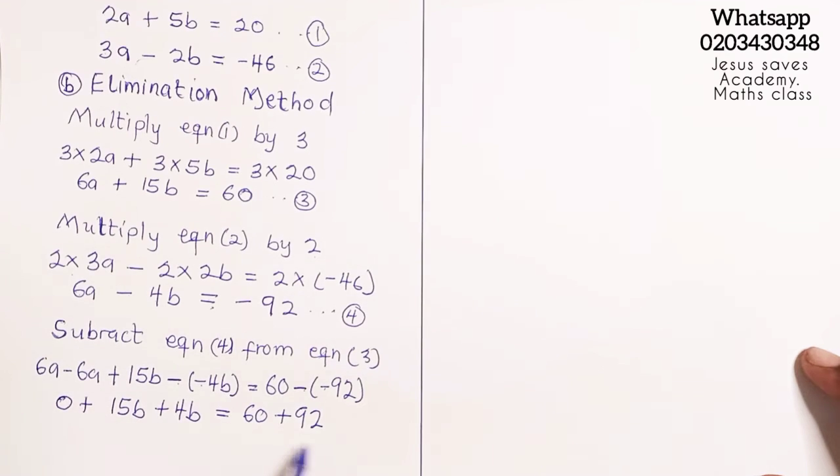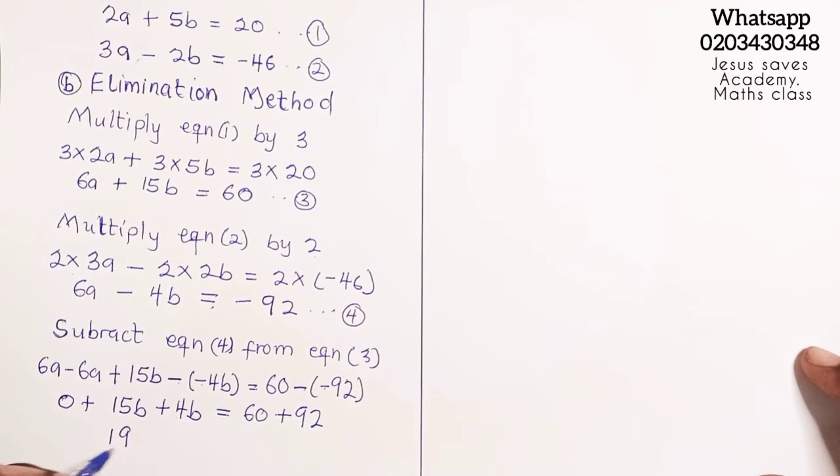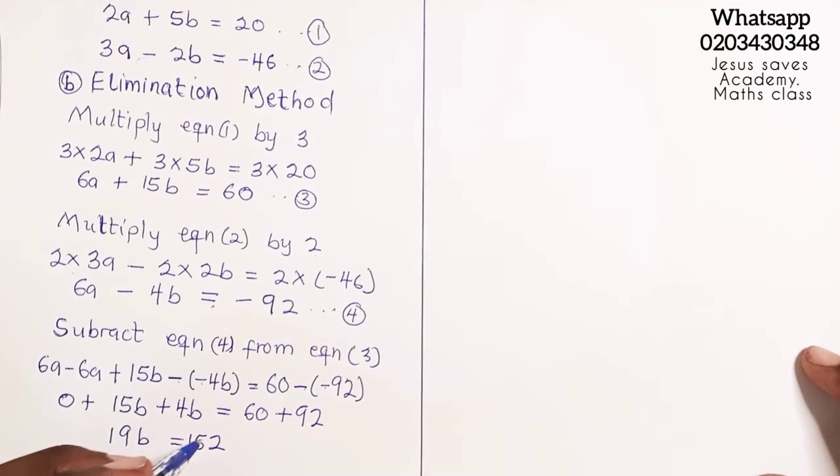When you solve for b, that will be the value for b. So we are simplifying the equation. 15b plus 4b will give us 19b, which will be equal to 60 plus 92, so we have 152.